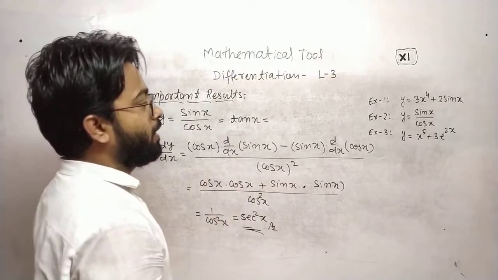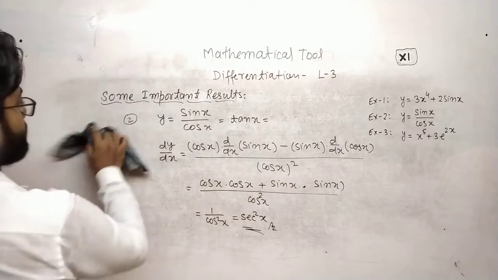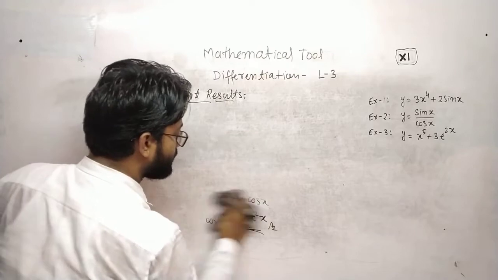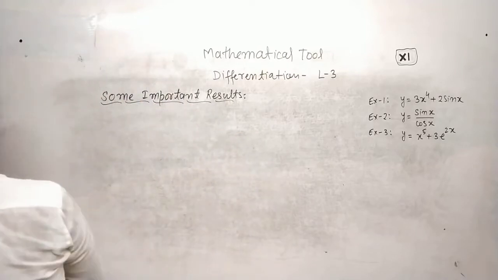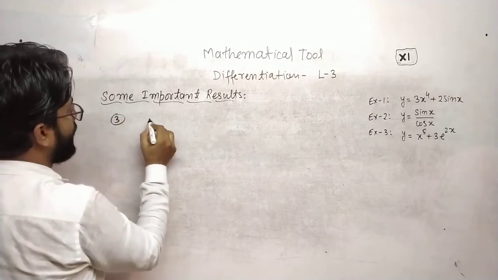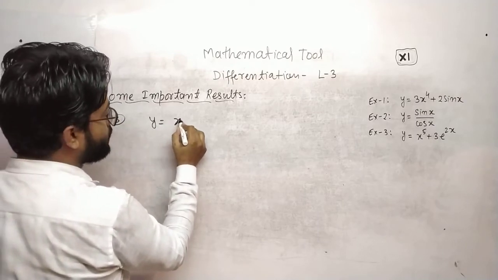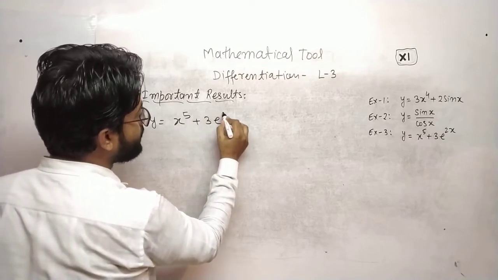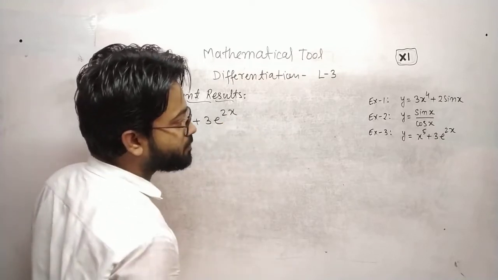Now the third example is y is equal to x to the power 5 plus 3e to the power 2x.